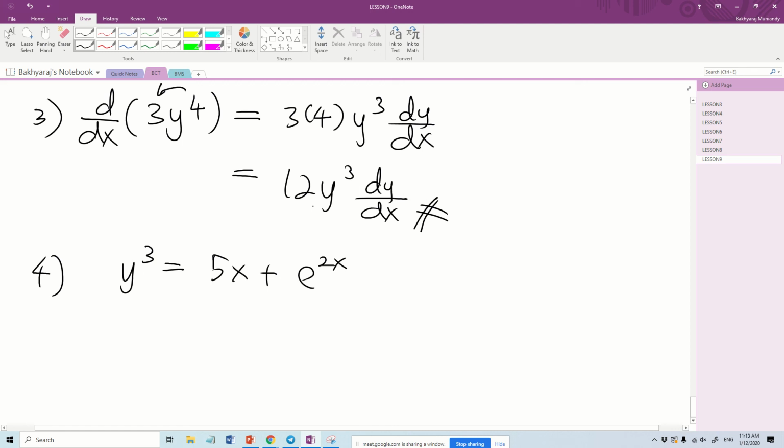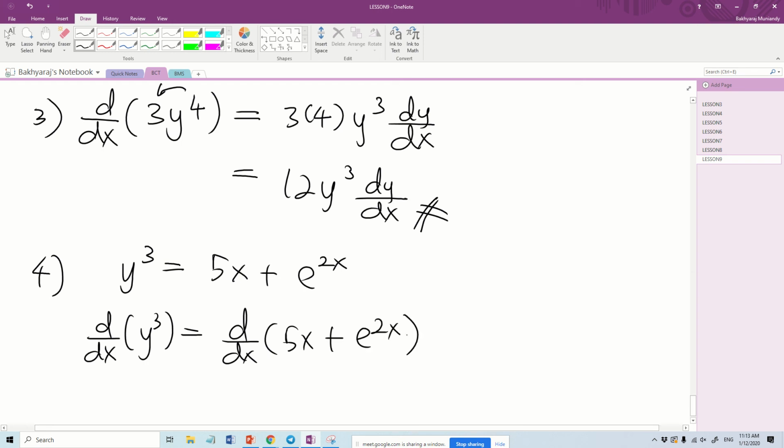Okay, my problem is what? I want to find dy dx. To get dy dx, kalau nak differentiate, we need to put d dx. Y power of 3 equal d dx of 5x plus exponent 2x. Maksudnya kita nak differentiate duduk sebelah. Y power of 3 get 3y square dy dx.